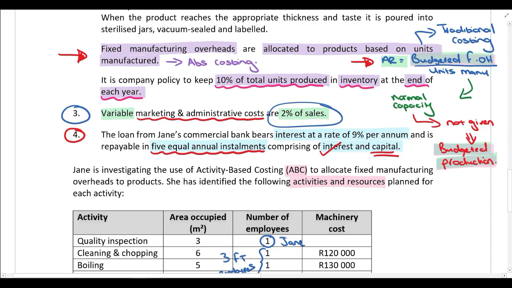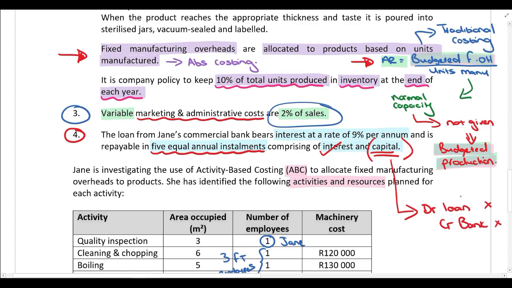So we've taken the interest into account in the calculation of fixed costs, but we haven't taken the capital into account in the calculation of fixed costs. And the logic behind that is when the company repays the capital on the loan, they are going to debit the loan because they're reducing the outstanding amount of the liability, and they're going to credit bank.